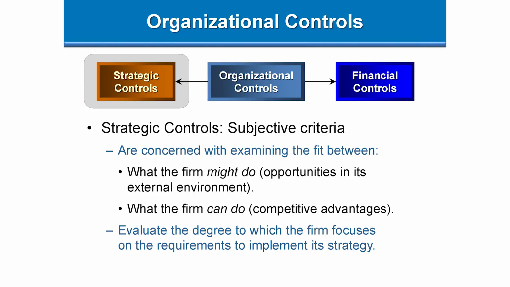Strategic controls are subjective criteria, more focused on managers' ability, conducted by examining the fit between what the firm might do based on its external analysis and what the firm can do based on its internal analysis that we have learned in earlier chapters. Then we evaluate how much focus is placed on the requirements to implement the chosen strategy.